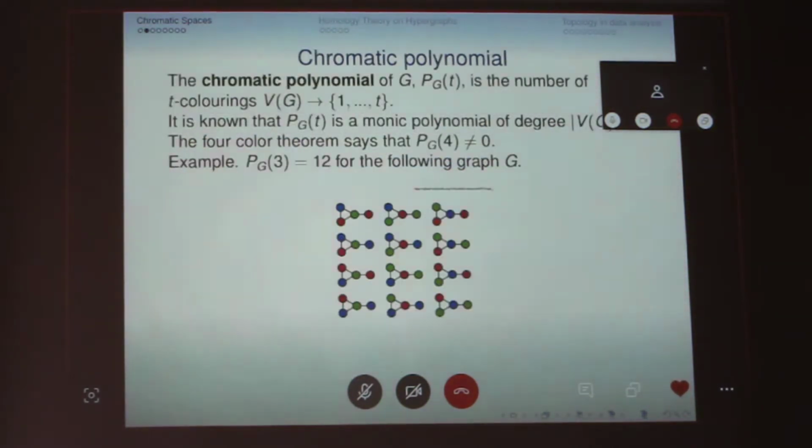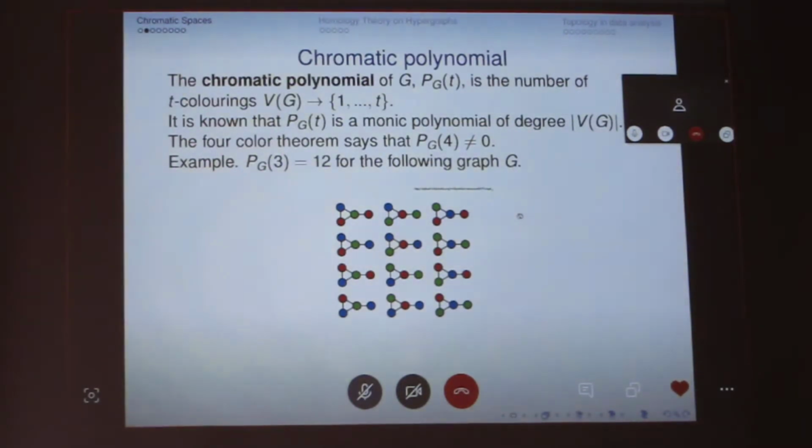Now I just review the chromatic polynomial definition, right? This is the definition, which people denote by P_G(t). It's the number of t-colorings on the graph G. By polynomial, I just want some argument to say that P_G(t) is really a polynomial depending on t, right?